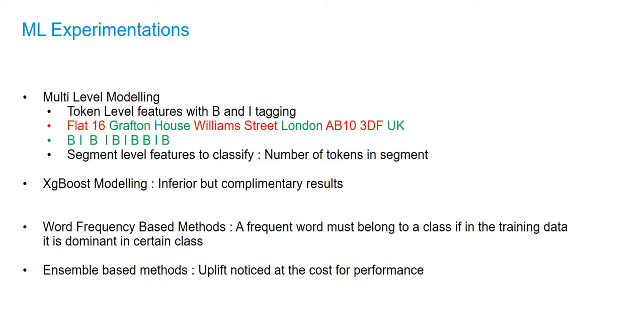The intuition was, for example, a token called London is most probably expected to appear in city, and a second highest occurrence might be in street. London is a city, and there might be a few roads called London Street, London Lane. So we tabbed the occurrences of a token in various fields.